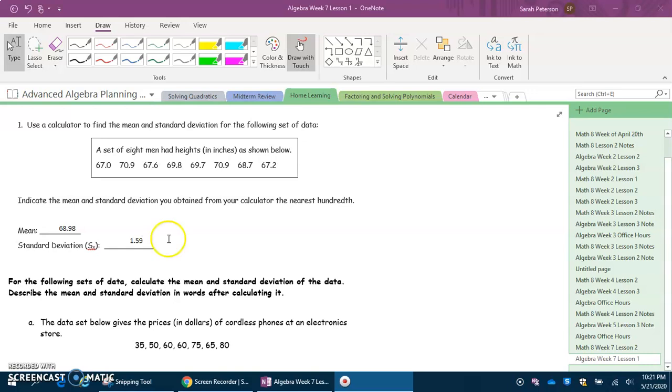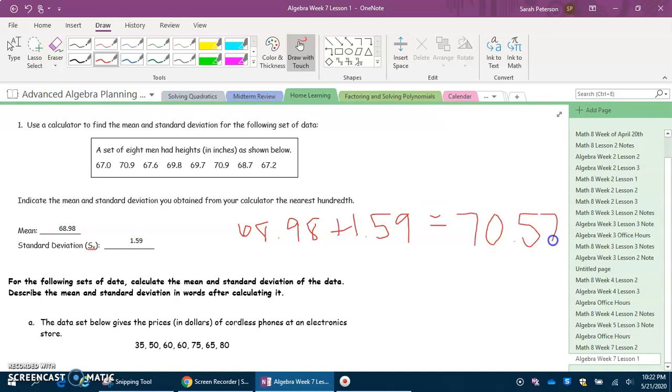If you read the directions, it says calculate to the nearest hundredth. That might be why your answer looks slightly different than mine if you did it on your own. Basically, if I do 68.98 plus 1.59, I'll get 70.57.